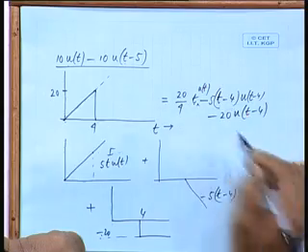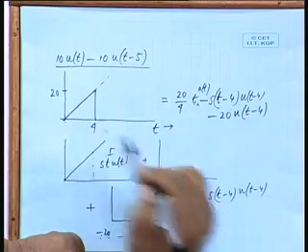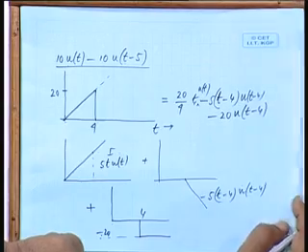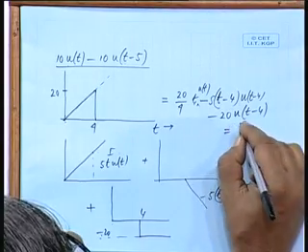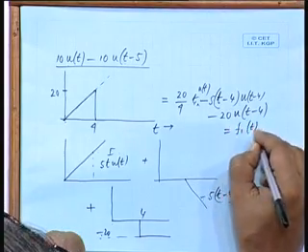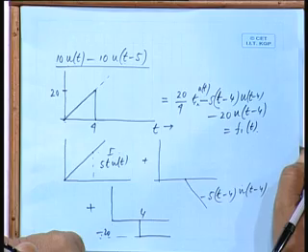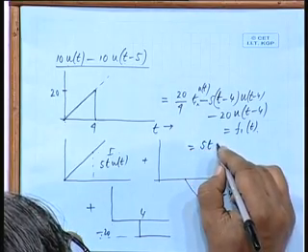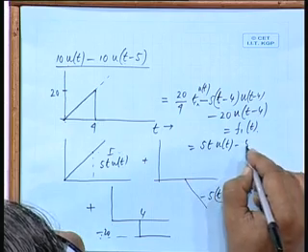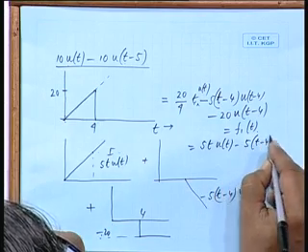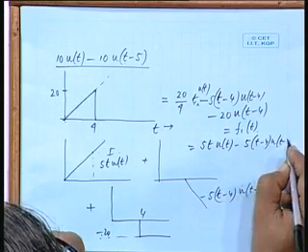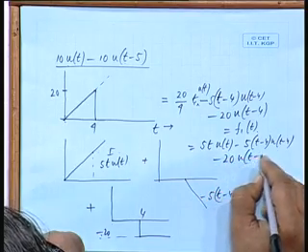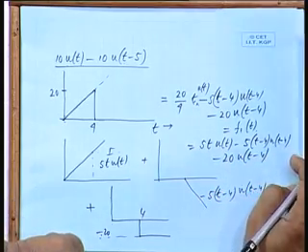So, summation of these 3 will give you this. Is that all right? If I call it f1(t), that is simplified form 5t u(t) minus 5(t minus 4) u(t minus 4) minus 20 u(t minus 4). Okay.